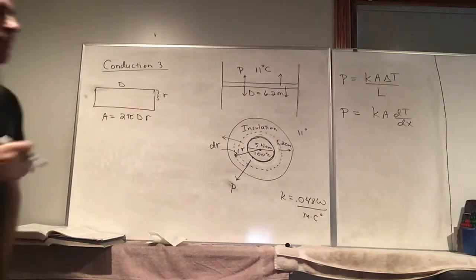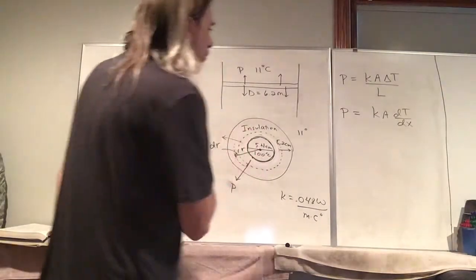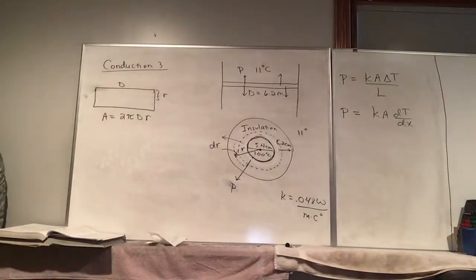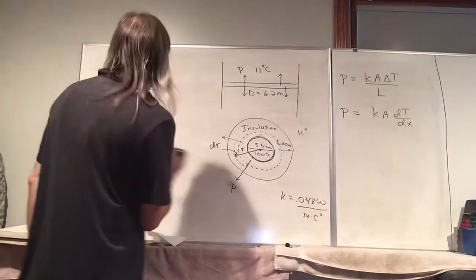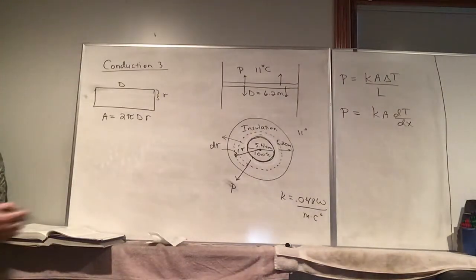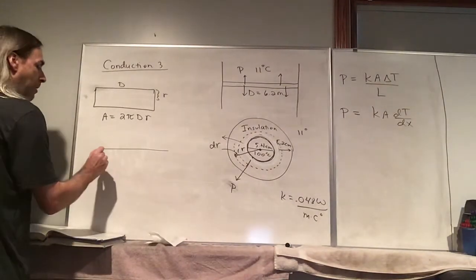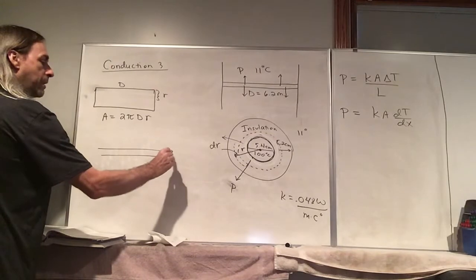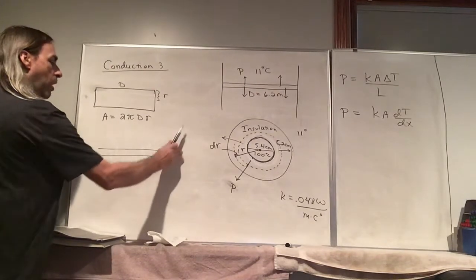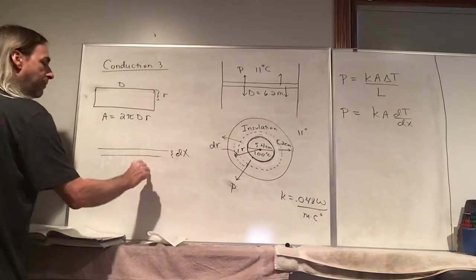Okay. So now let's apply this formula. We're looking at dx, that's the direction that heat is flowing. If we had that slab, remember dx was the thickness of the slab.